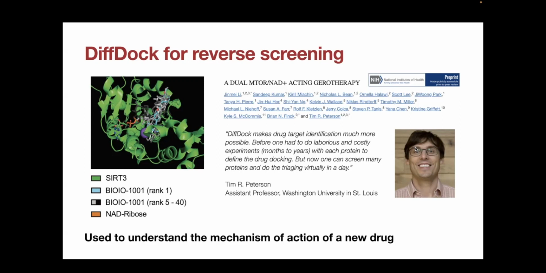This came from the group of Tim Peterson at Washington University in St. Louis, where they used DiffDock, trying to dock on a series of proteins in a particular pathway to understand the mechanism of action of a new drug that they had discovered. This is a very promising application where blind docking, and in particular blind docking to AlphaFold or in general apo structures, we think will have a big impact.